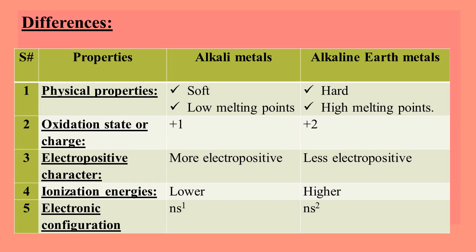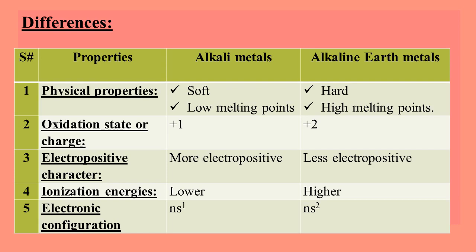and gain +2 charge. Electropositive character means how they lose the electron and they form the positively charged cation. Alkali metals are more electropositive, means they easily lose the electron as compared to the alkaline earth metals.